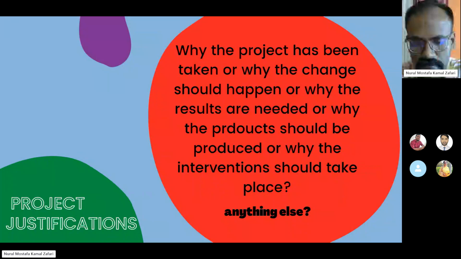Yes, and also if you add a literature review, your literature review will reinforce your justification. And in your proposal, if there is no opportunity or space to add a literature review, you also need to refer to literature, to research, to findings, to reports as citation with your justification.